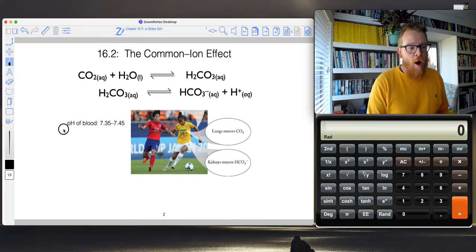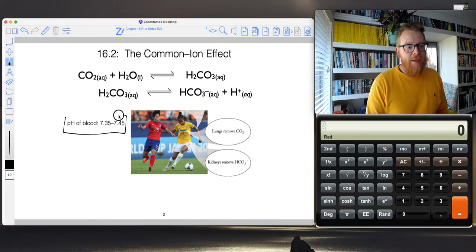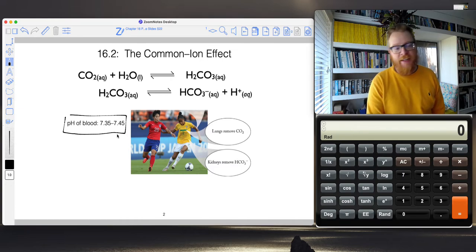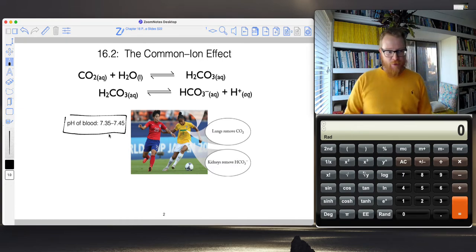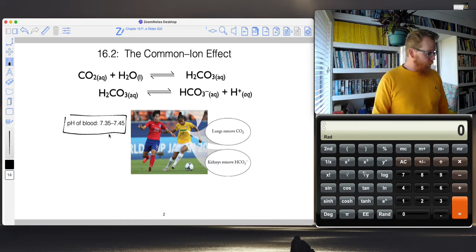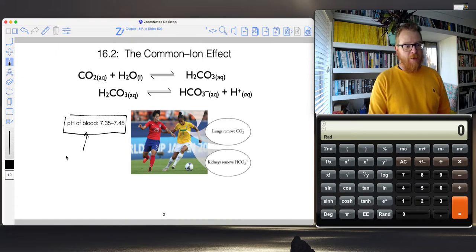biologically how our blood is tightly regulated between a pH of 7.35 and 7.45. So we call this buffered, or another way we could think of this is it's regulated.